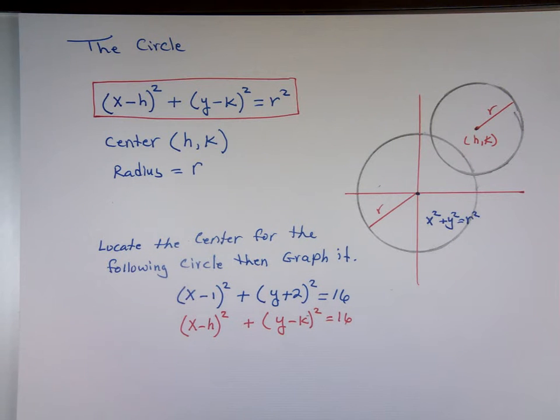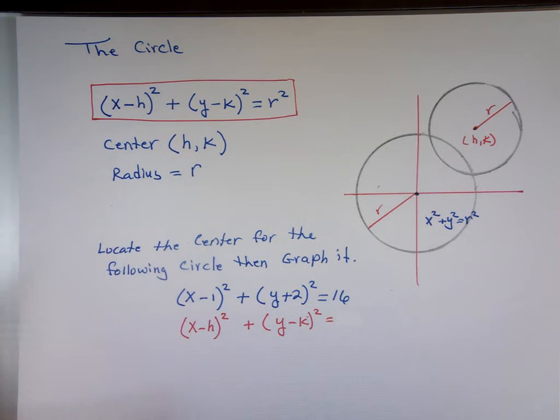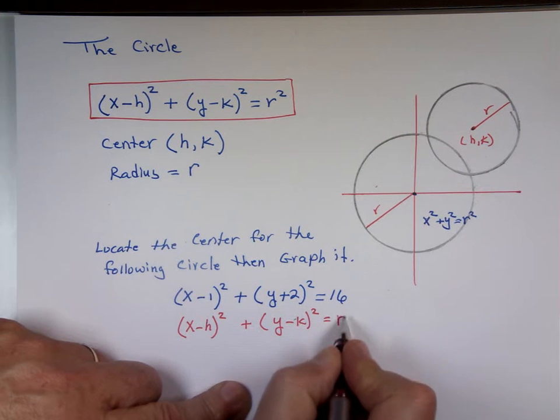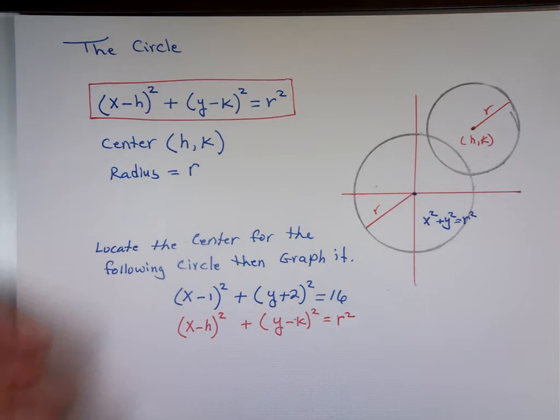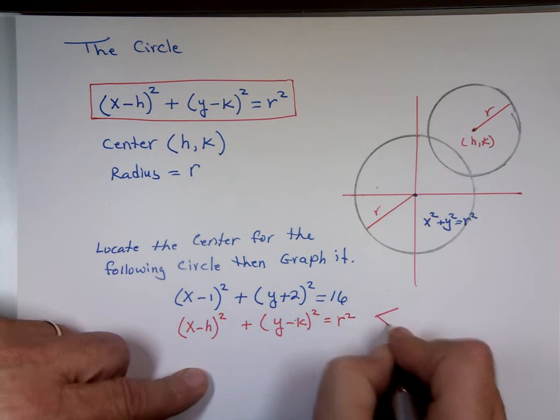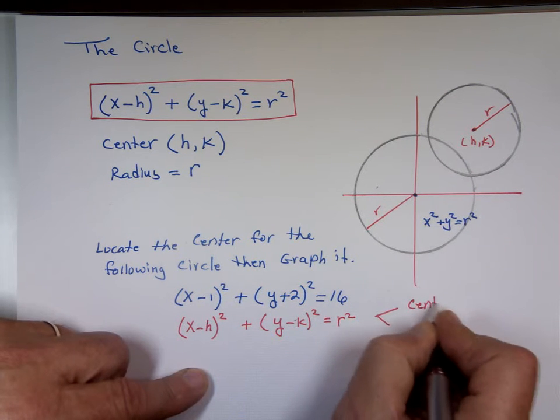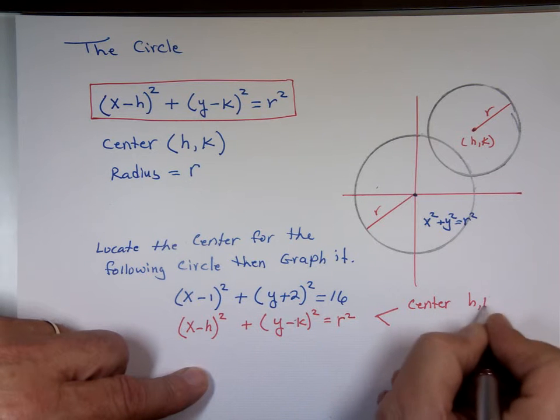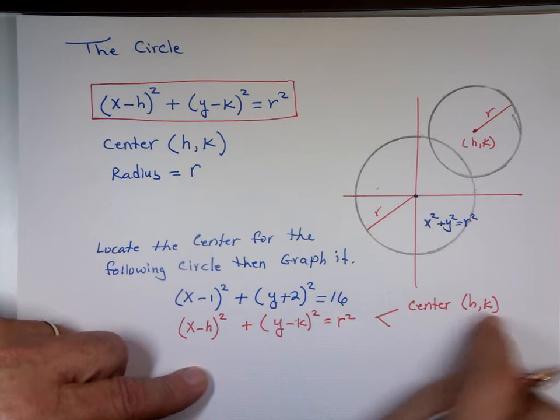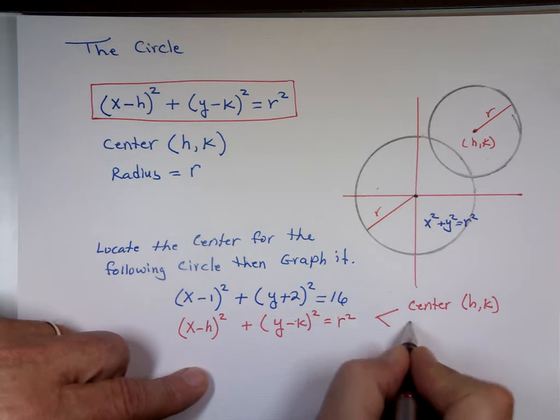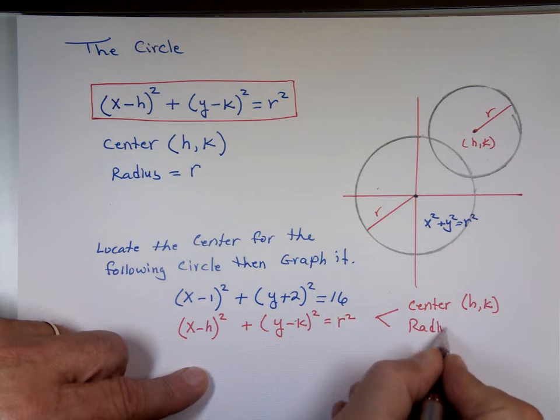I didn't mean to write 16, I meant to write r squared. If I can put it in that form, then I know where the center is. The center will be h comma k. Notice h, k, not negative h, negative k. And the radius will be r.